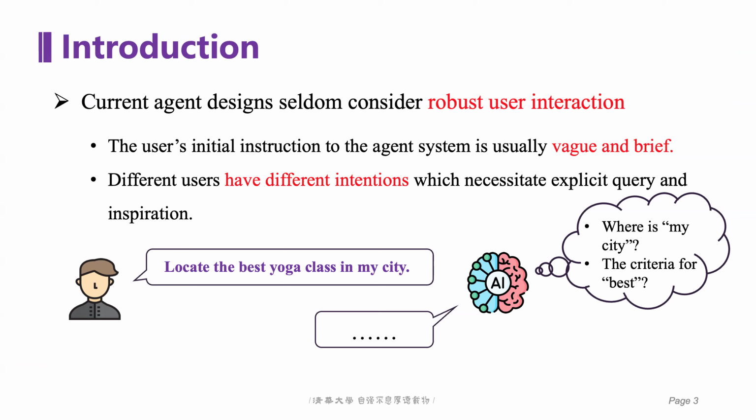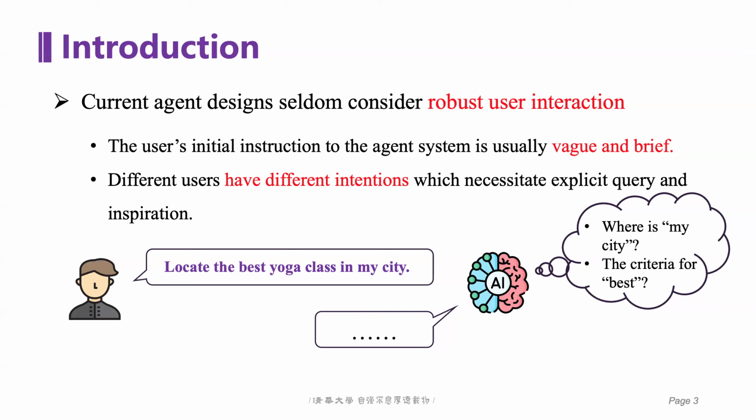Here is an example that's not about user preference, but about missing information in the agent task: locate the best yoga class in my city. If the user just gives this task to an agent, the agent definitely does not know what my city is, where the user is, and what the criteria for best are.